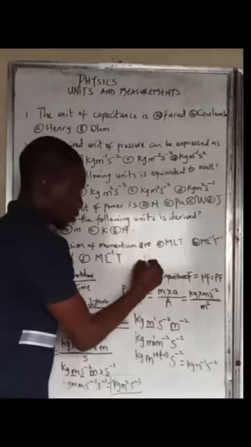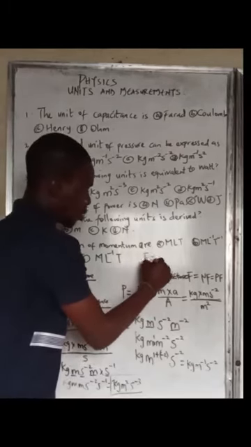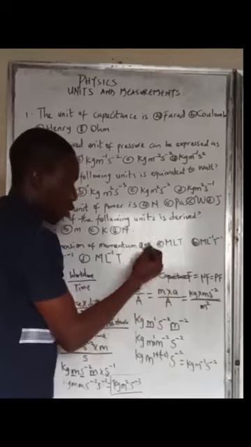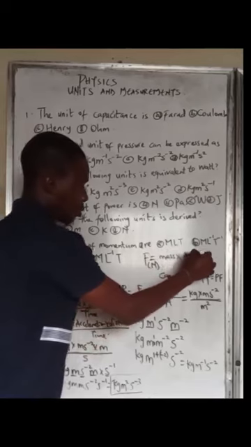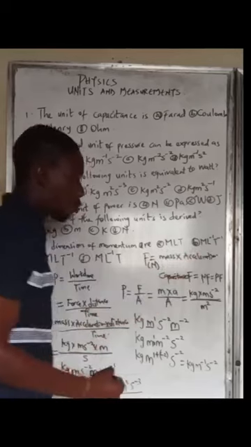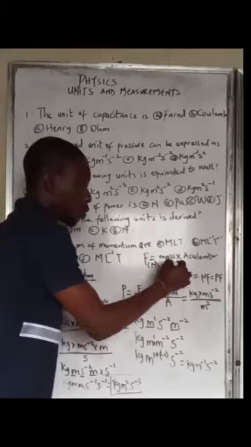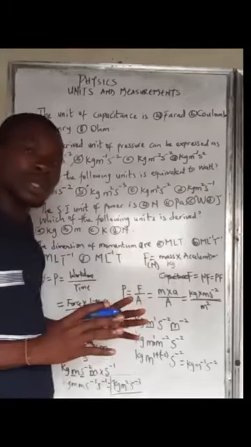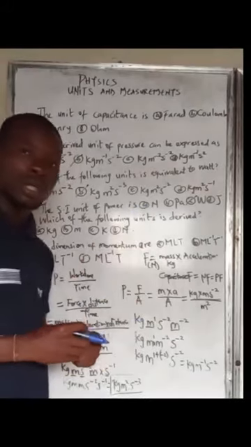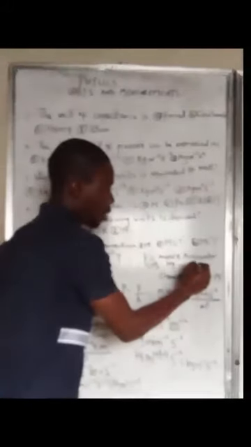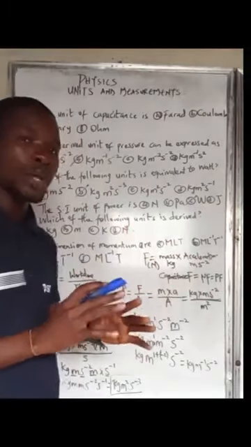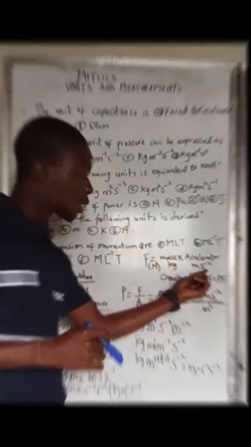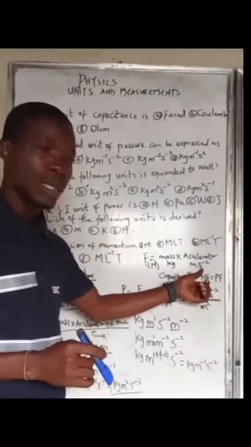We know that force is measured in Newton, and force is a combination of mass times acceleration. So mass is measured in kilogram, which means mass is a fundamental unit. It's a singular quantity. We have acceleration, meter per second squared. Acceleration is a derived unit because it is combining two different units, meter and second.